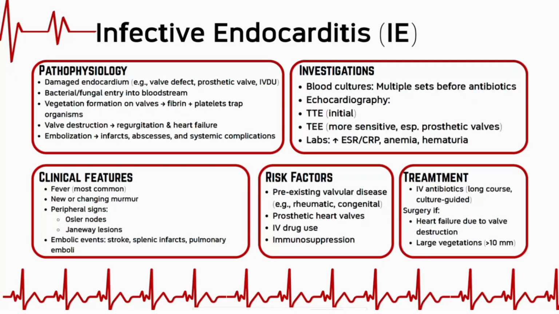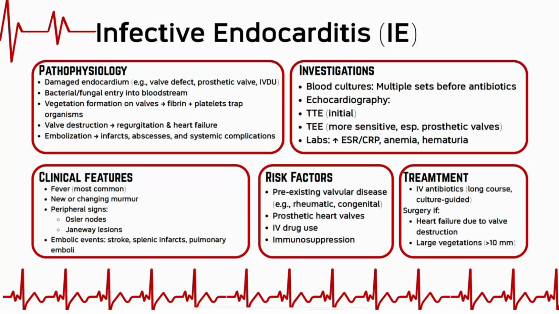The most common pathogen that causes this, and the one that you need to know the most, is Staphylococcus aureus. We can also get it from Viridans group streptococci, especially if that patient has implants like a pacemaker, stuff like that.